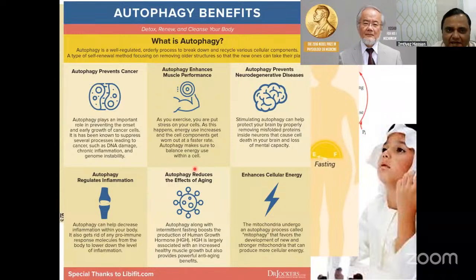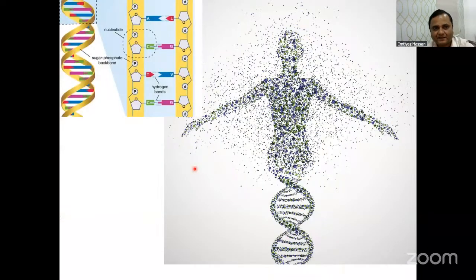Autophagy has a lot of advantages, and those processes are activated more if you are fasting. That's the Nobel Prize winner's concept. And this is the advantage of understanding the scientific basis of religion, which will give you ideas if you become interdisciplinary.